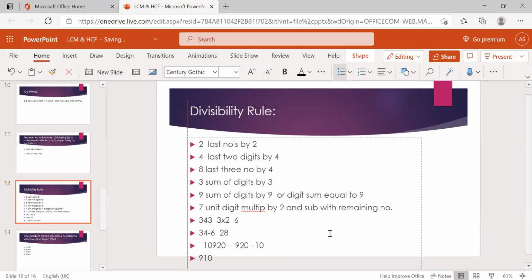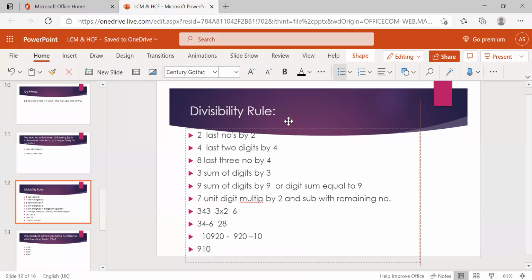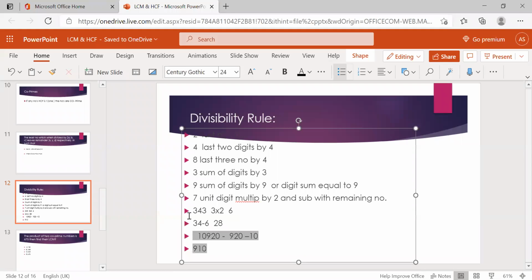And the last one is divisibility by 11. How are we going to deal with 11? Just take the sum of alternate digits; the difference of the sums of alternate digits is equal to 0 or 11.